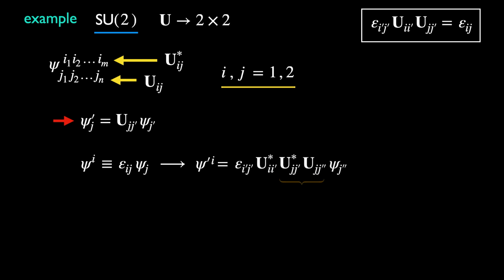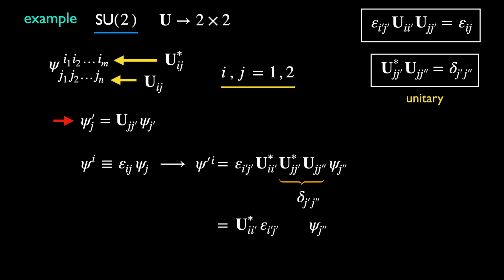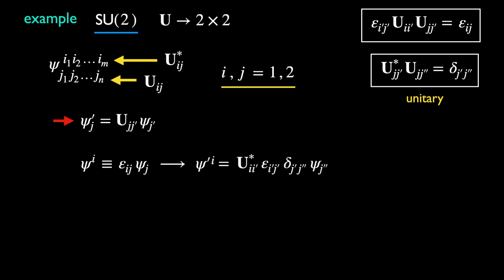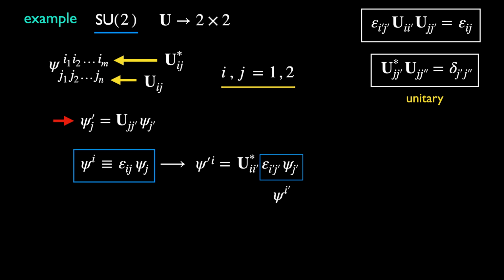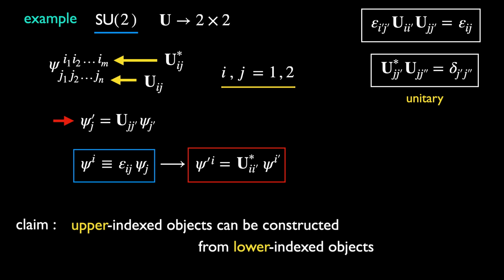Then using the unitarity of U, by definition, this is just psi with an upper index of I prime. Thus we have proven our claim that a lower index can be converted to an upper index by an epsilon symbol.